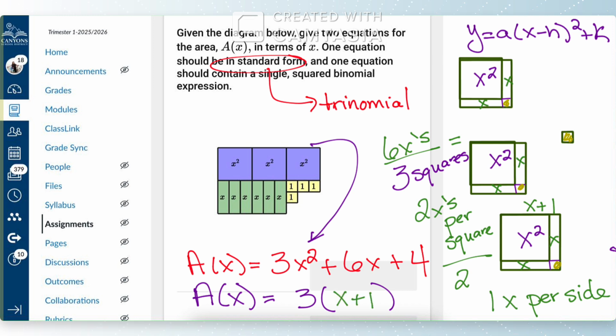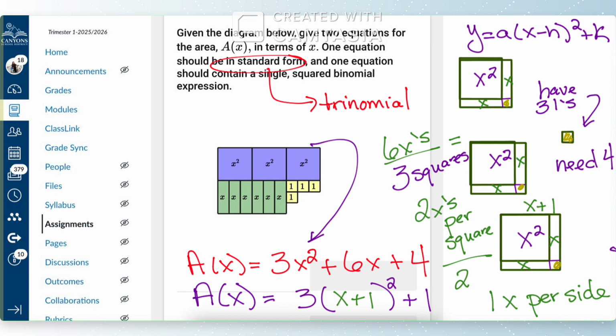If we square those values, we end up with all the pieces in the picture, but we only have 3 ones. But we need 4. So this is where we tack on a little plus 1 to make our squares balance. Whew, haven't done one of those in a minute. But hopefully that makes sense.